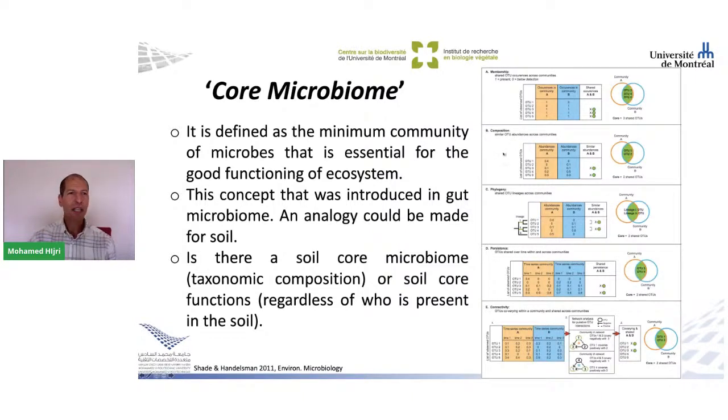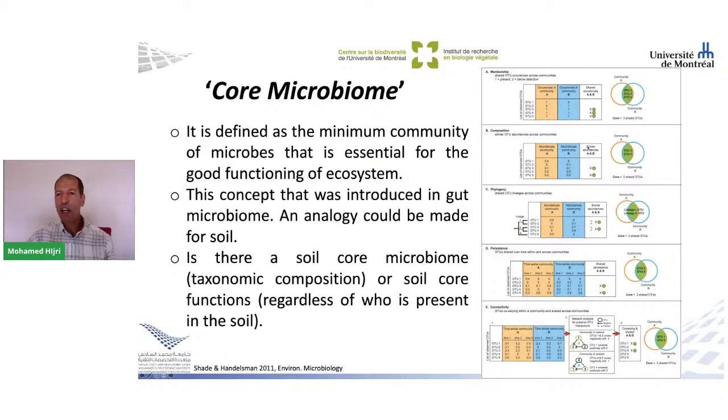As you can see here on the right, we have different methods to determine the core microbiome. First, we have sampling, presence and absence of OTUs, and then we compare different communities. The shared ones, we can call the core microbiome.